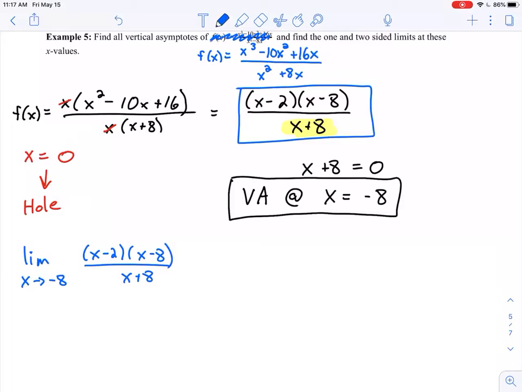So let's start with the left-hand limit. So let's look on the left-hand side here. So I've already determined here that this is a vertical asymptote. So I know that this left-hand limit, because it's a rational function, is either going to be positive infinity or negative infinity. I just need to figure out which one. So again, I'm going to use the same method that I've been using all along here.